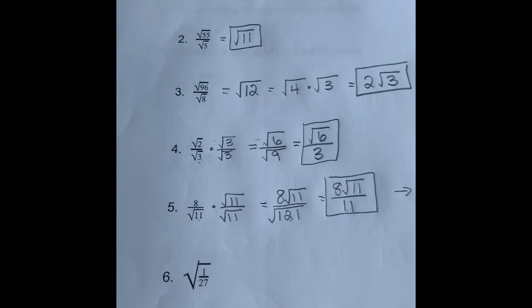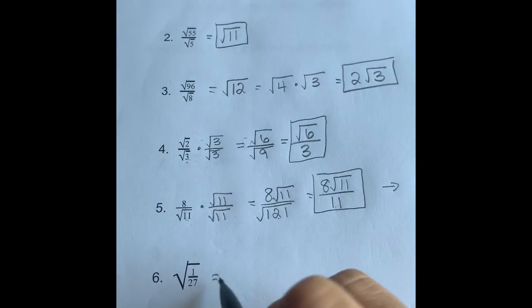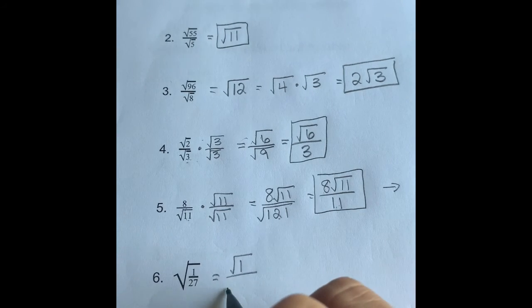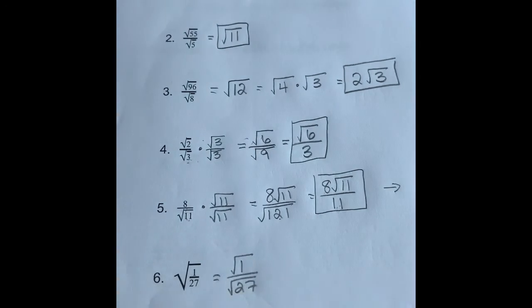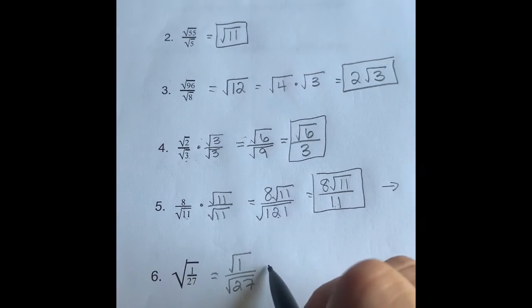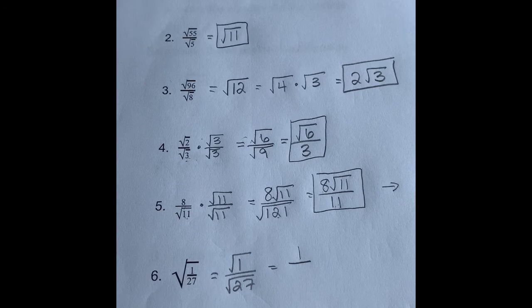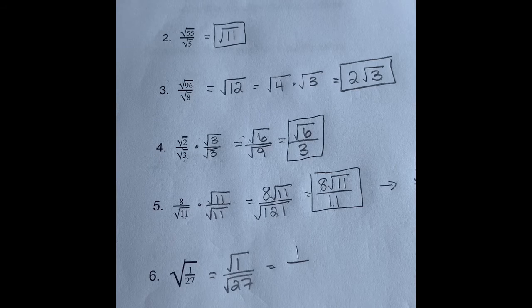On number 6, square root of 1 over 27. Remember from earlier on, we can split this up into the square root of 1 over the square root of 27. We do know that the square root of 1 is 1, but we don't know the square root of 27. There's a couple of ways that we could go about doing this.